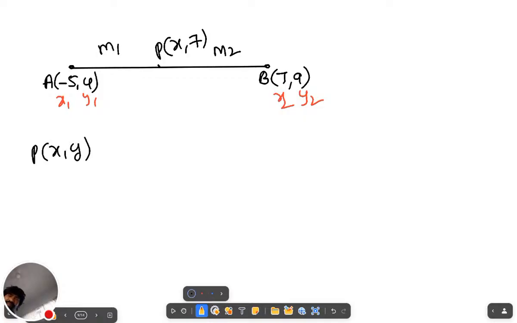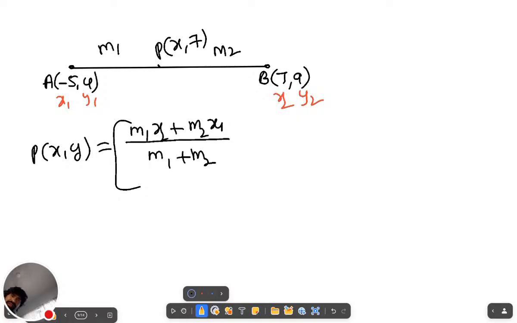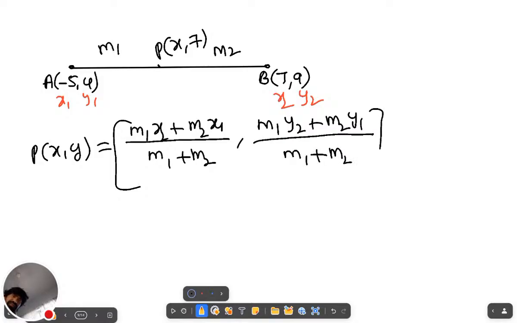P(x, y) equals (m1 x2 plus m2 x1) whole by (m1 plus m2), and (m1 y2 plus m2 y1) whole by (m1 plus m2).